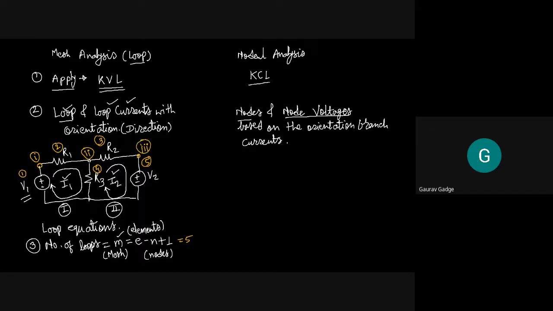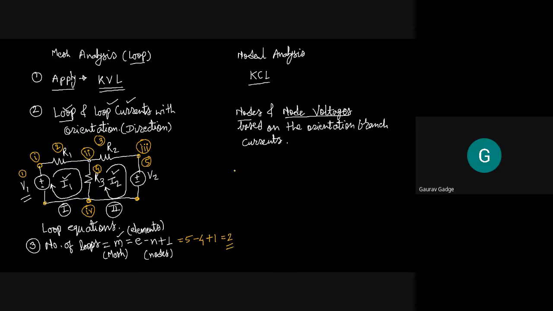But one more node is present here, which we can call the common node, node 4. So there are 4 nodes. So 5 minus 4 equals 1, plus 1, and therefore it is equal to 2. This way we can find the number of meshes present in the circuit.